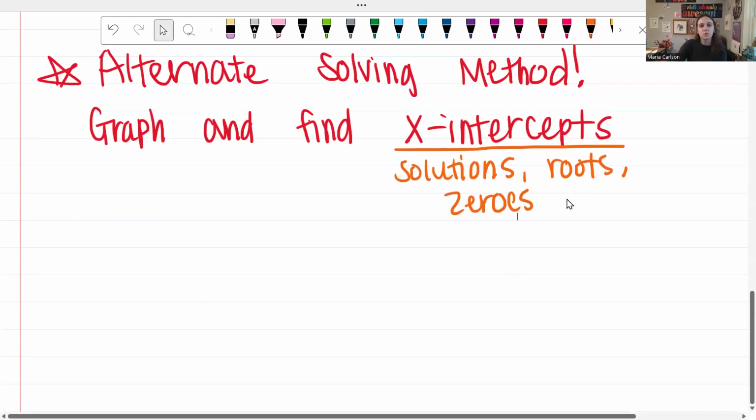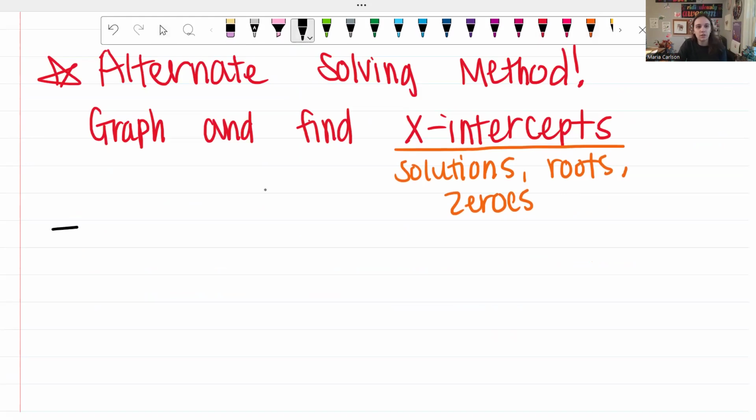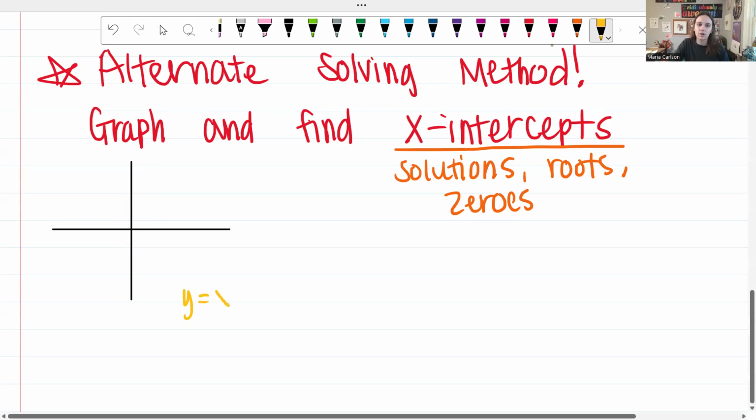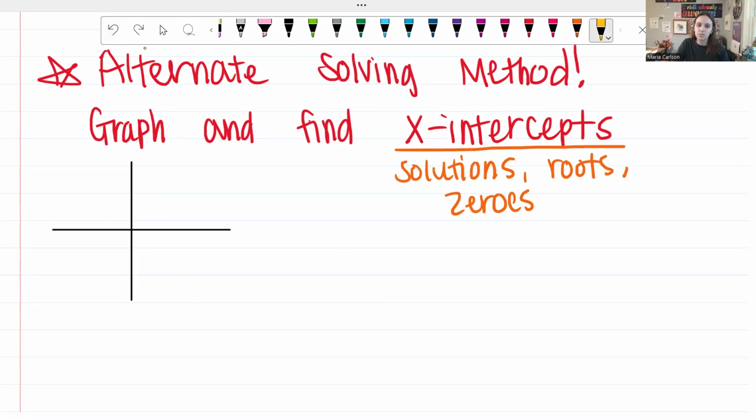But graphing always works. So if I have my XY plane and I am told to graph, for example, the equation y equals x squared equals 0, because that's an equation, I could graph that and it would cross at exactly one place.